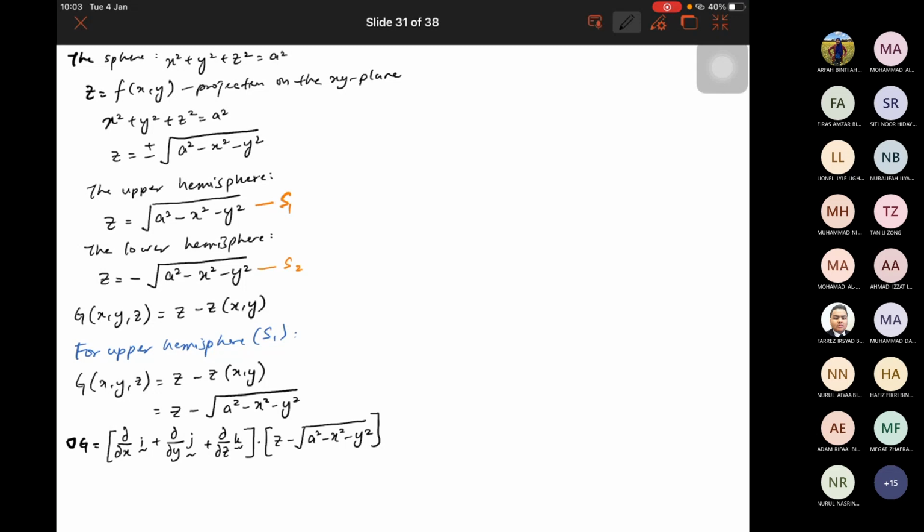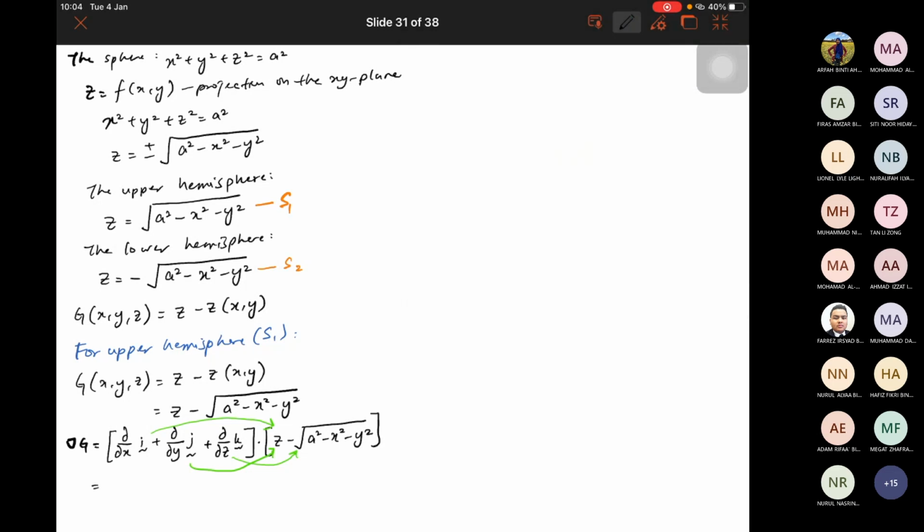So get the partial derivative, differentiating each of these with respect to i, j and k: this one with respect to x, this one with respect to y, and this one with respect to z. Take the partial derivatives and then the dot product.